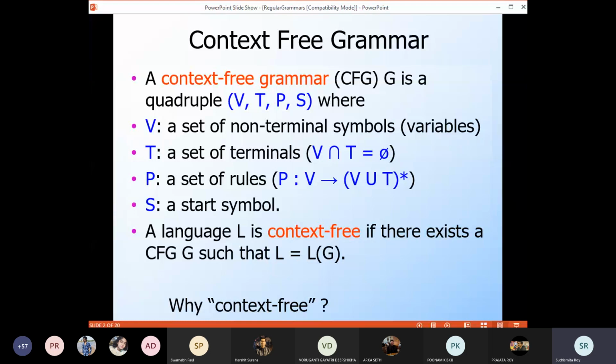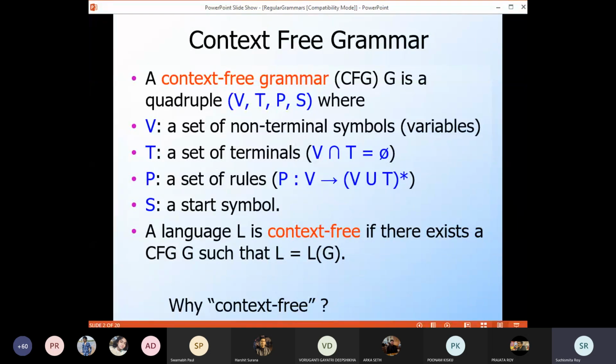And this is particularly relevant with respect to another class of grammars which is slightly more restricted, which is called context sensitive grammar, in which you will find on the left hand side it is not just a single variable. There is a form in which you can actually mention alpha V beta, and you can rewrite it to alpha, then whatever is the substitution, and beta.